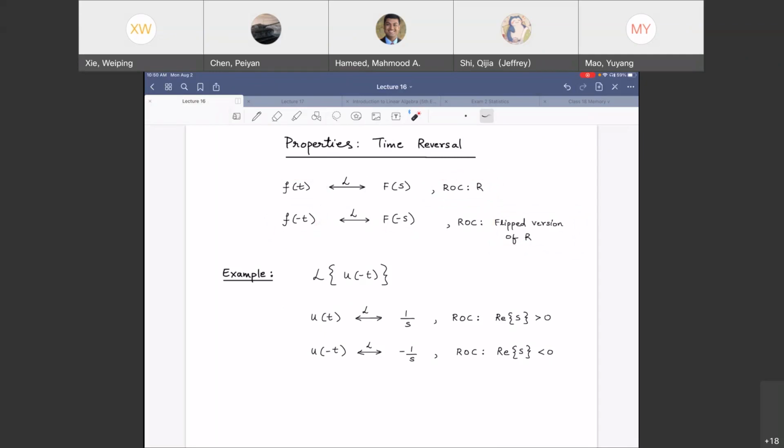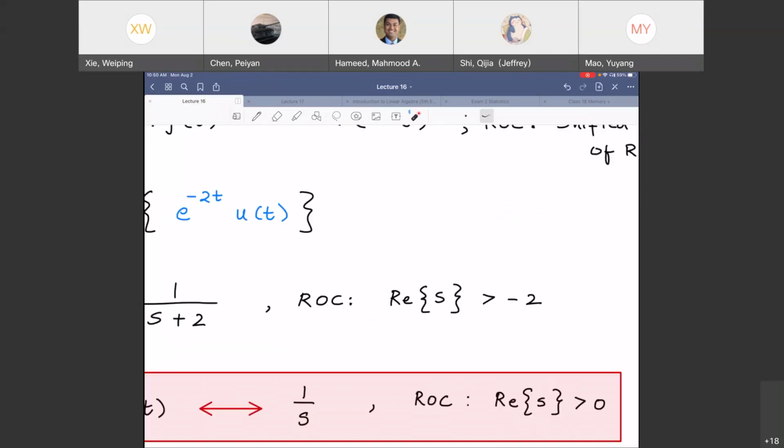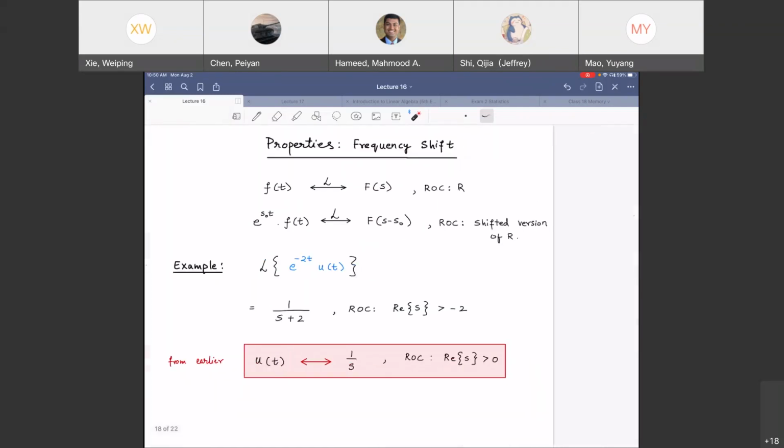So if you look at this, what would be the flipped version of this guy? Well, it would simply be real part of s less than -2, right? It would flip. So instead of being to the right of the pole, it would go to the left of the pole. The reason being, you are taking a right-sided signal and turning it into a left-sided signal. So the ROC also flips.